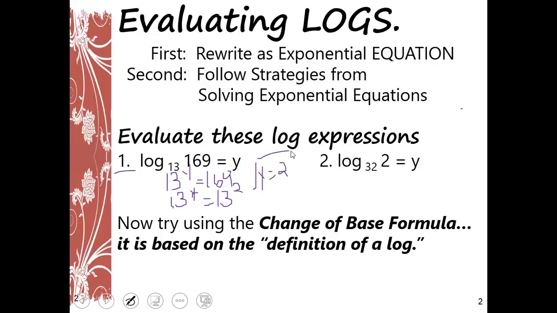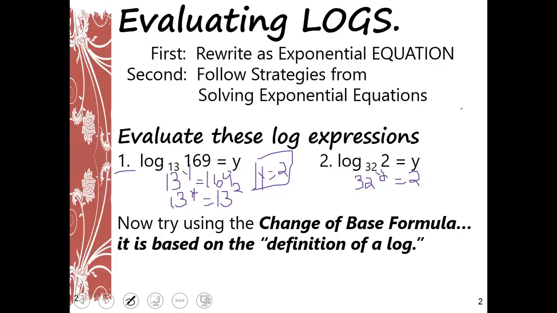Okay, that easy. In example number 2, I do the same thing. Base 32 raised to the exponent of y has to equal 2. I could have said 2 has to equal base 32 raised to the y, and sometimes it's better to write it that way. Doesn't matter in this one.